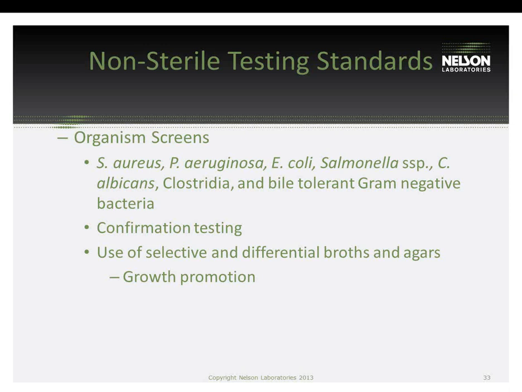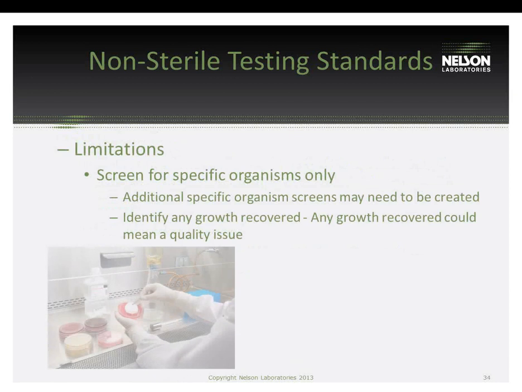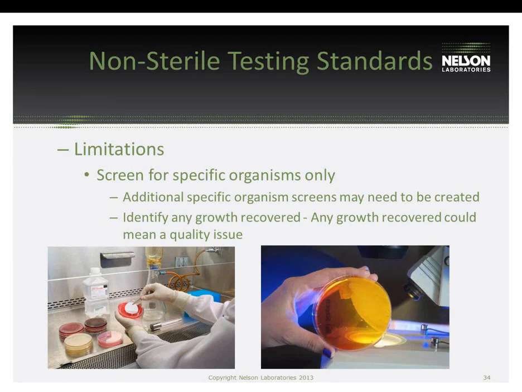And back to growth promotion, it's very important for these selective and differential broths and agars that growth promotion is performed to ensure that the media doesn't allow incorrect organisms to grow and shows the right differential areas for the correct organisms.